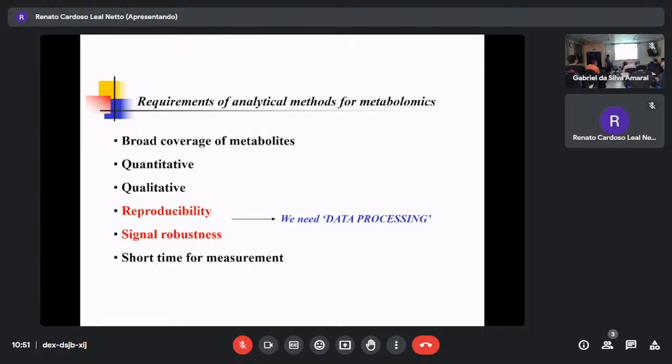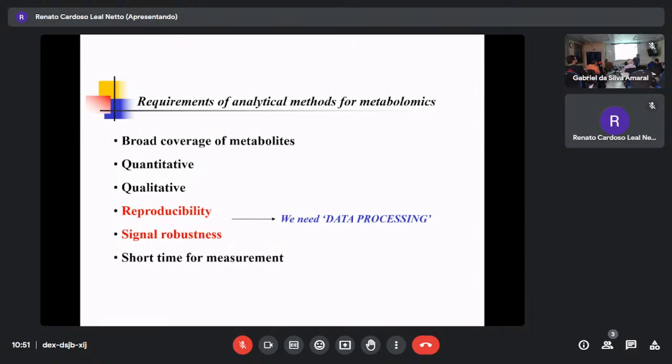Then, reproducibility. I need reproducibility, right? I don't have to mention it, because if you do a one-time experiment, it's okay. If you are lucky and you get a nice spectrum, I don't care about this, like a 2D NMR spectrum sometimes. But I need 100, 1,000 separate runs. Exactly the same response should come out.